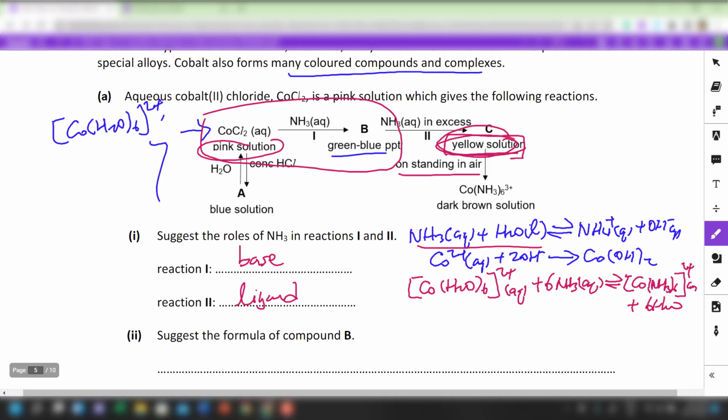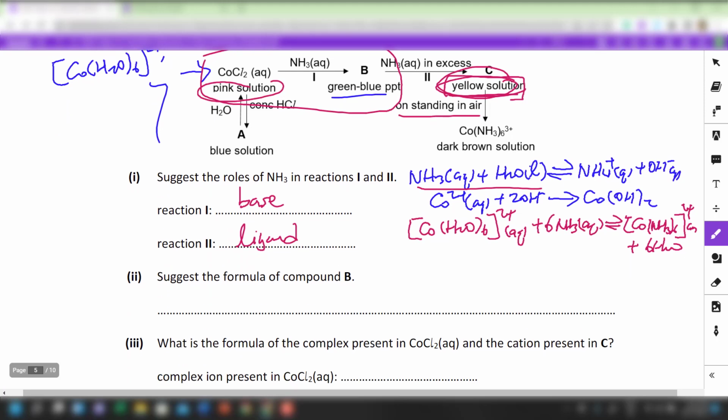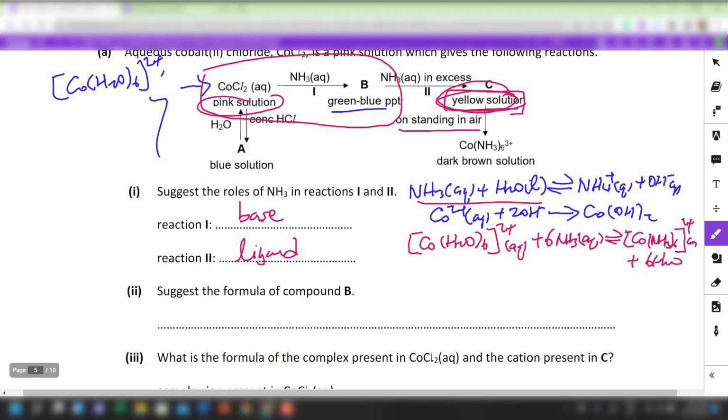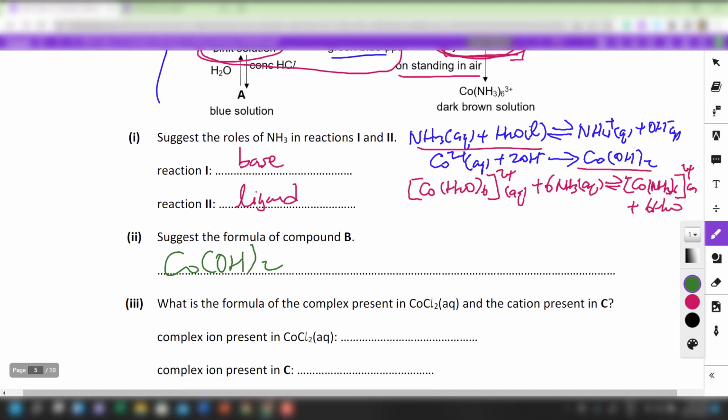Then for A part 2, we are supposed to suggest the formula for compound B. In our case here, I think we have discussed it. It should be cobalt(II) hydroxide, so I'll just write it as Co(OH)2.